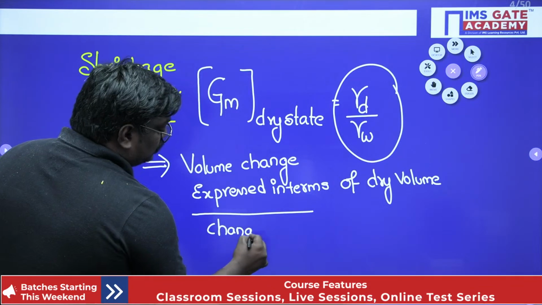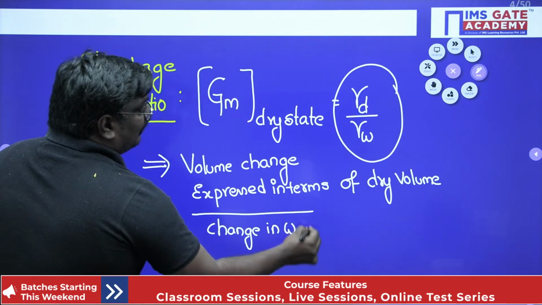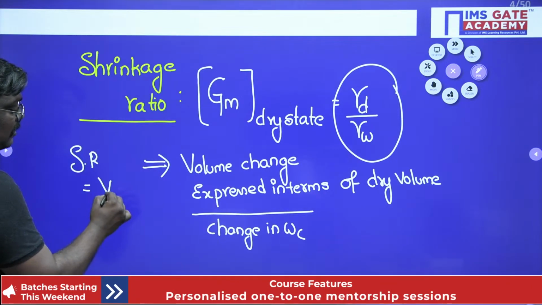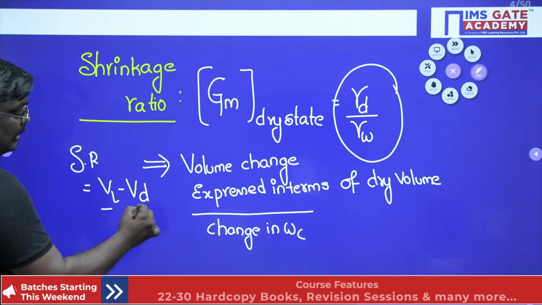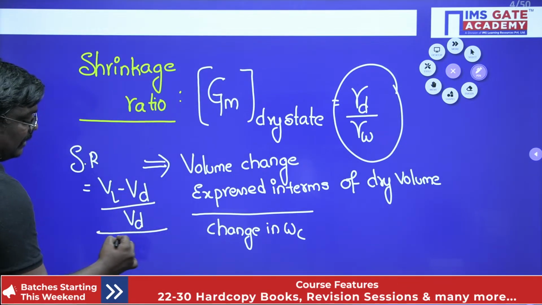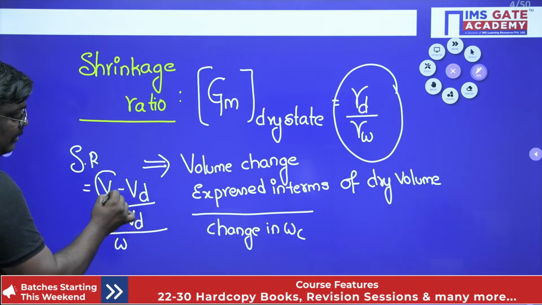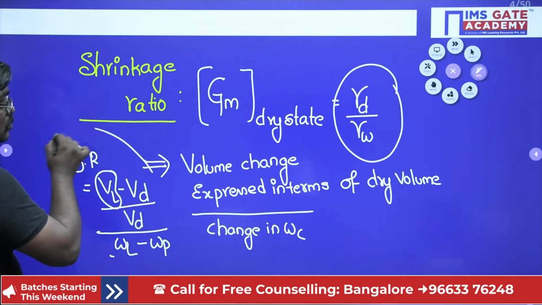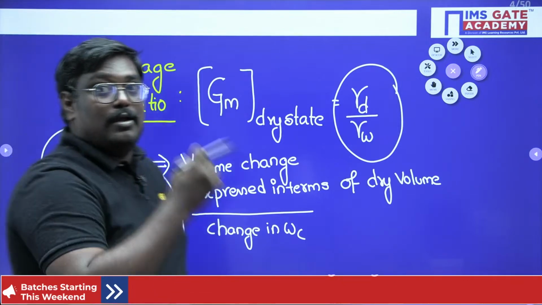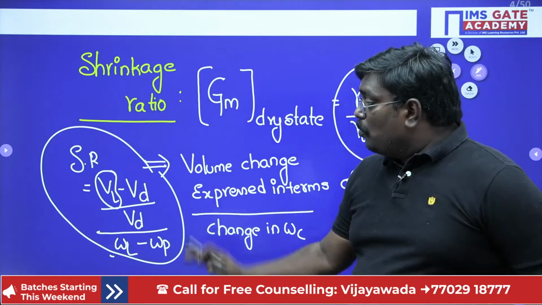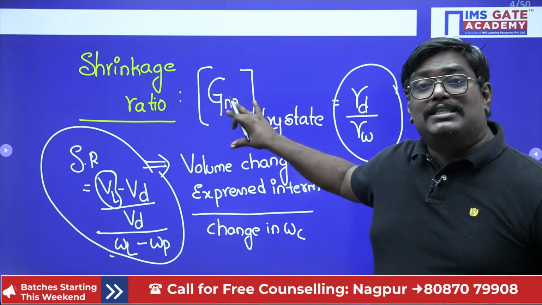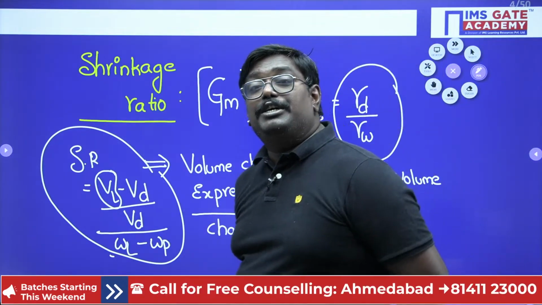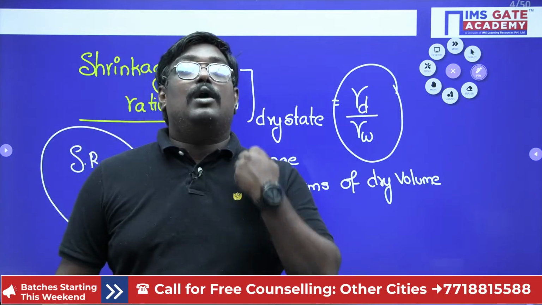So here, my dear students, if I take the shrinkage ratio formula, the volume at liquid limit is VL and the volume at shrinkage limit in terms of dry volume is VD, divided by the liquid limit water content minus the plastic limit. So this formula can also be understood while you are studying the shrinkage ratio. What do you mean by shrinkage ratio? It is the mass specific gravity at dry state, or it is defined as the volume change expressed in terms of dry volume to the corresponding change in water content.